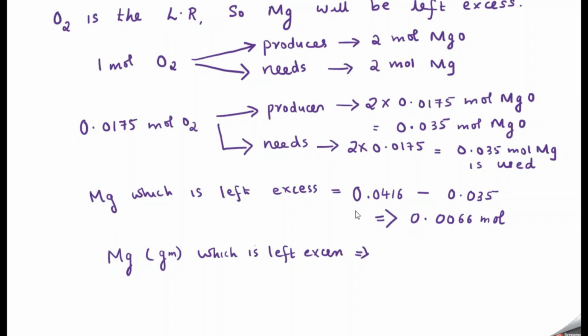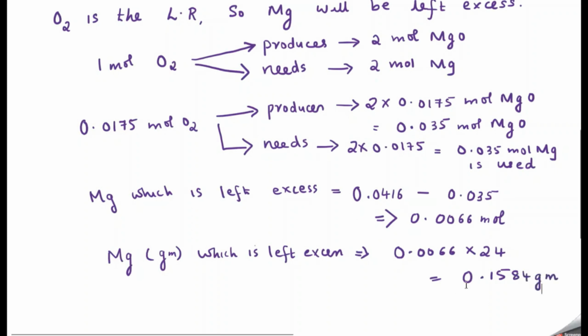So tell me what is weight in gram then. So we can say magnesium in gram is equal to number of moles multiplied by atomic mass. So number of moles we know 0.0066 into atomic mass of magnesium, that is 24. So what will be my answer if you multiply this with 24? I will get the answer as 0.1584 gram. So very simple.